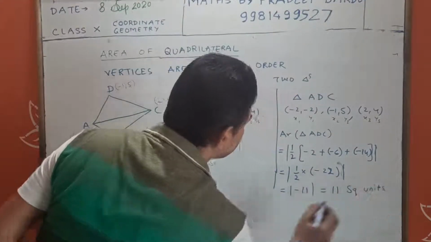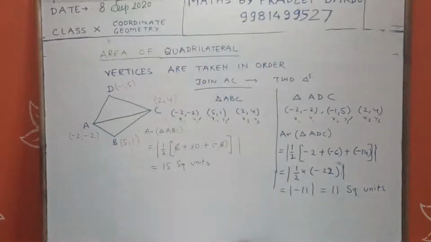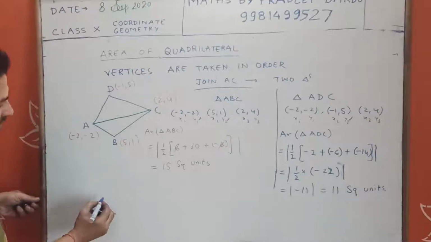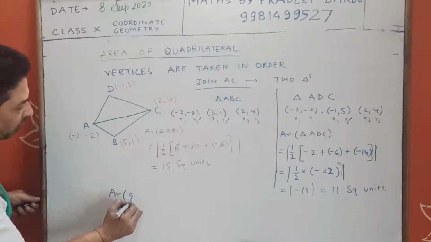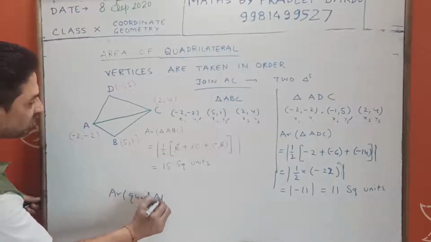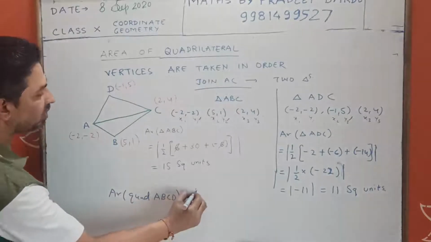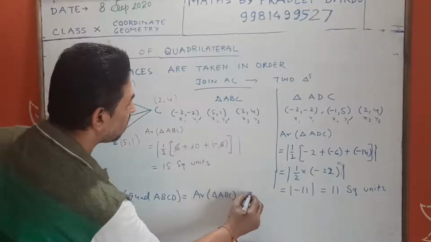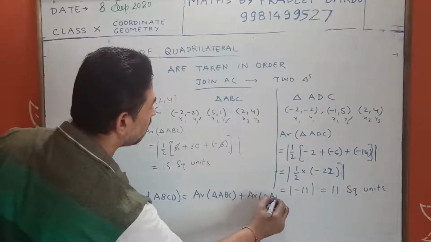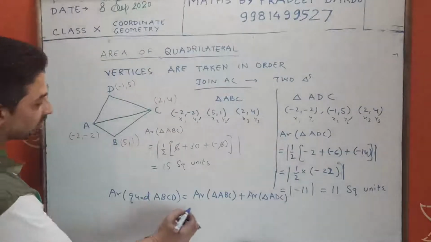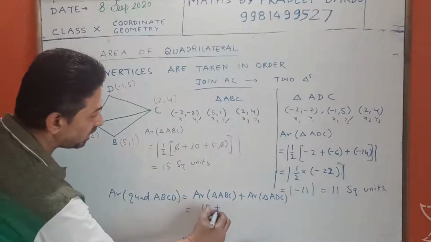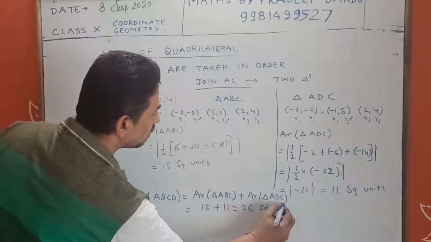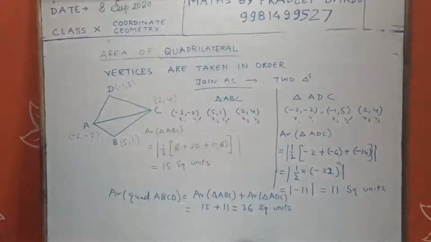Very important बच्चों. यहां पे गलती क्या होती है मैं अभी बताऊंगा आपको. यहां है 11 square units. So now area of quadrilateral ABCD will be equal to area of triangle ABC plus area of triangle ADC, and that comes out to be 15 plus 11, which is equal to 26 square units.